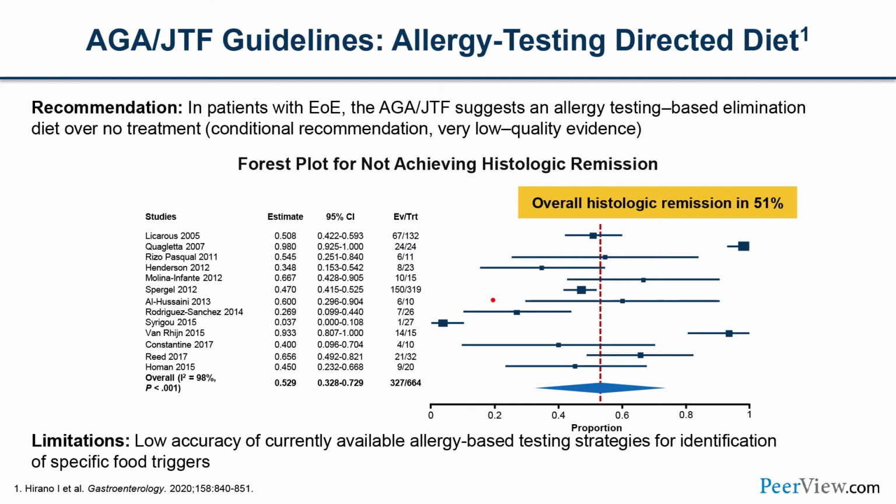Again, the American Gastroenterological Association Joint Task Force suggested that allergy testing based elimination diet over no treatment is better. And again, it's a conditional recommendation, and despite the fact that there are so many studies, the quality of the evidence is low. Because these are things that are so difficult to run a study.